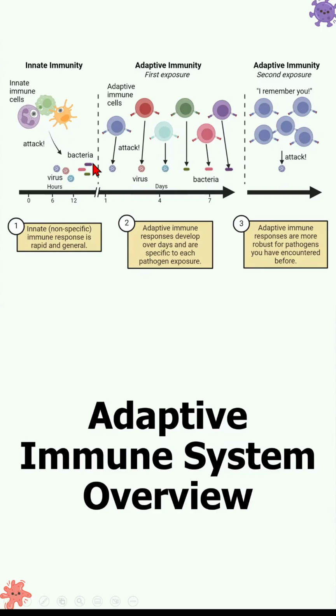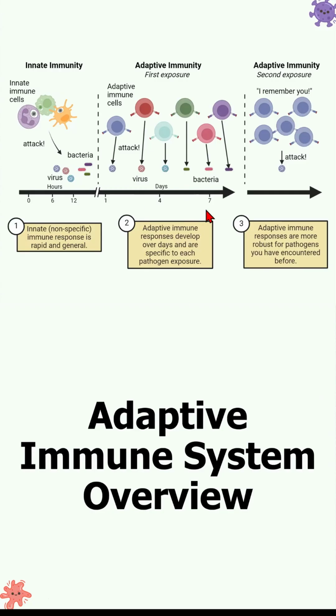Now, if the infection continues, then your adaptive immune system kicks in, and the adaptive immune system is extremely specific, meaning that we are going to be targeting a specific virus or bacteria, typically the one that is causing the infection at the time.